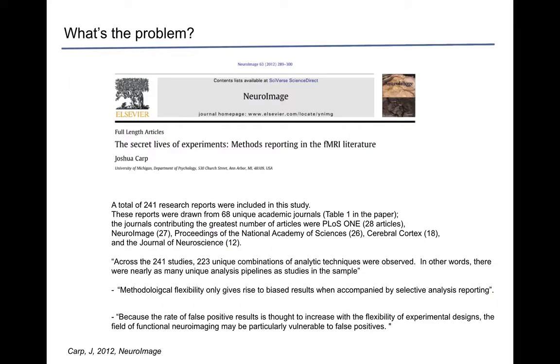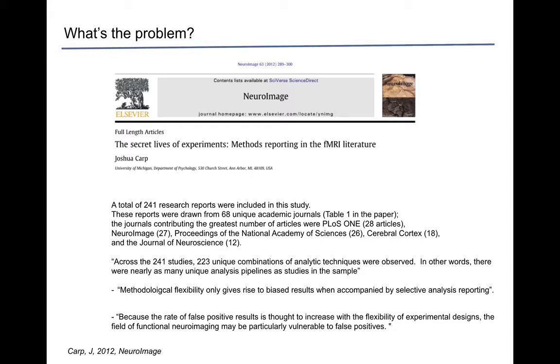There's also this paper which looked at 241 papers from highly ranked journals, and out of 241 studies they found 223 unique pipelines, which is amazing, meaning that there are almost as many pipelines as studies.